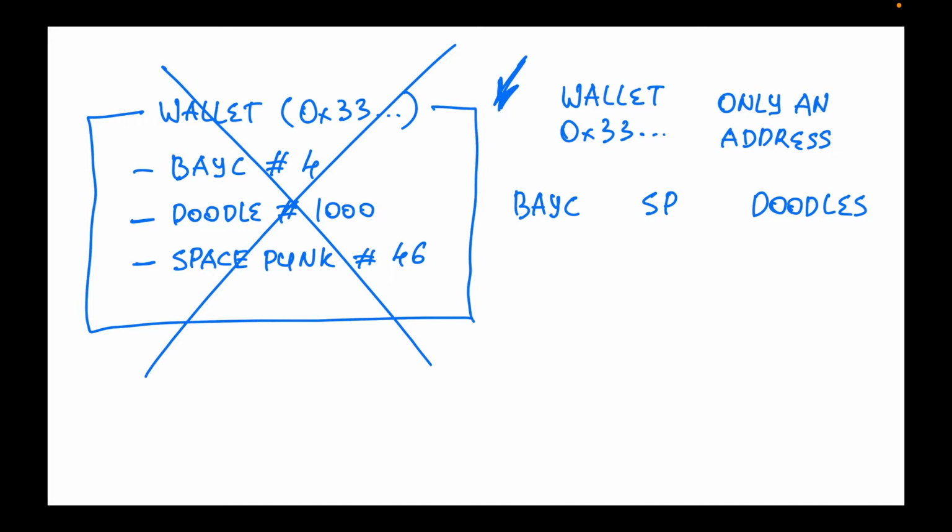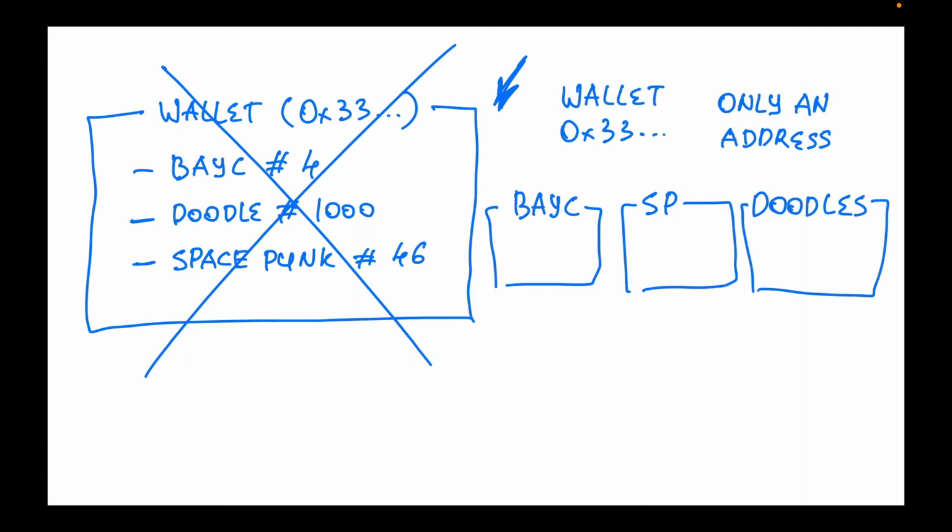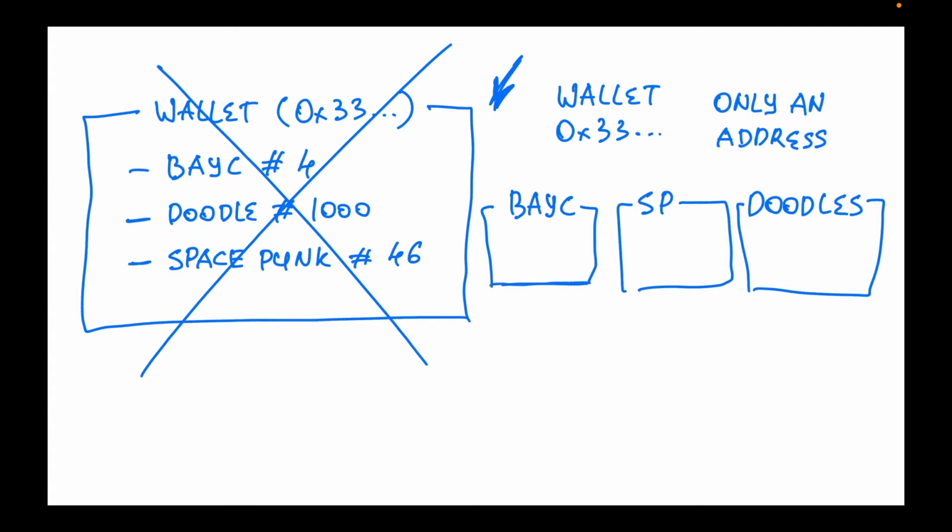And the state is a piece of memory on the blockchain dedicated specifically to that collection. So the Bored Apes, the Space Punks, and the Doodles, as well as all other NFT collections, have a space on the blockchain where they store the records of ownership.